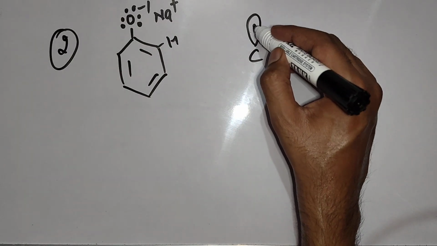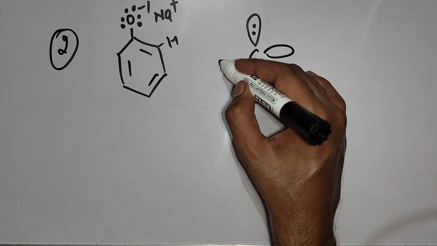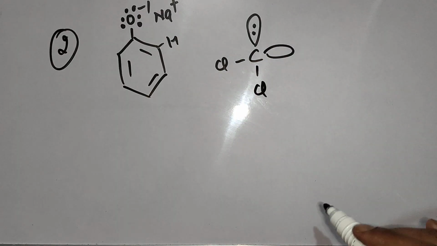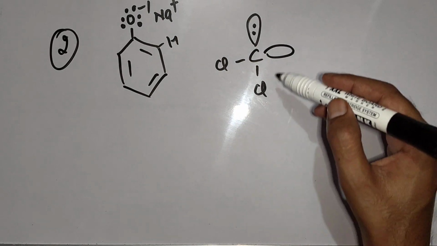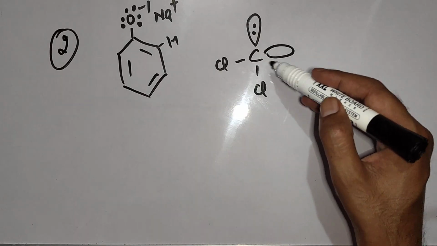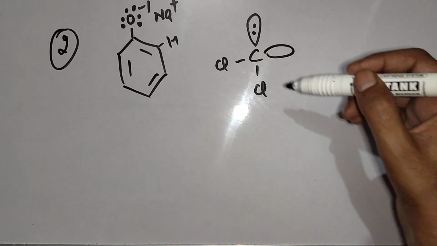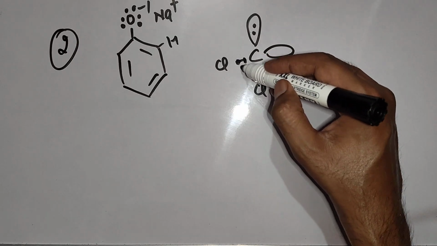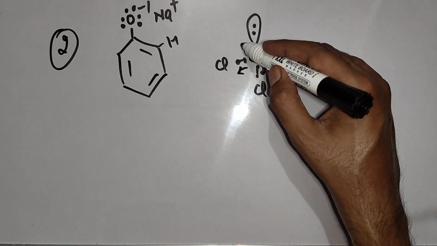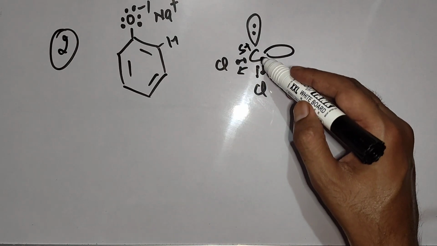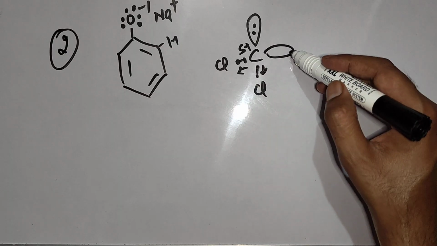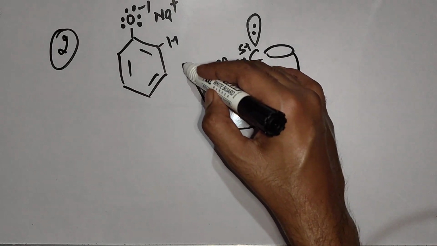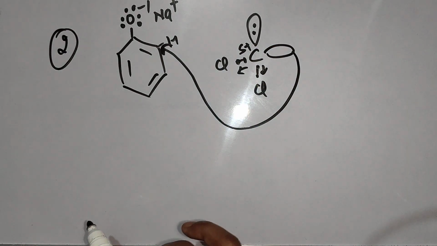But it is going to attack on the ortho position, not the para position. The reason we know. With its vacant orbital it is making this carbon an electrophile, and it also has a partial positive charge because it is connected with chlorine and they are attracting electrons. So it's working as an electrophile. With its vacant orbital, it will attack the ortho carbon here.